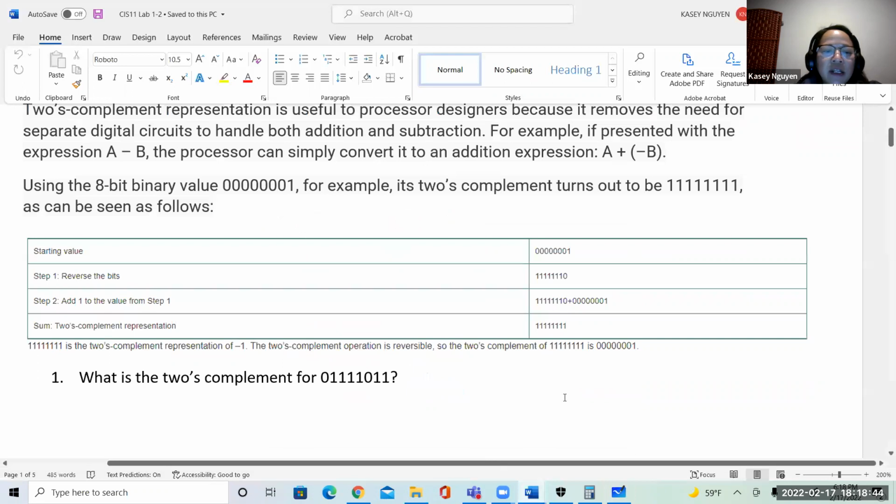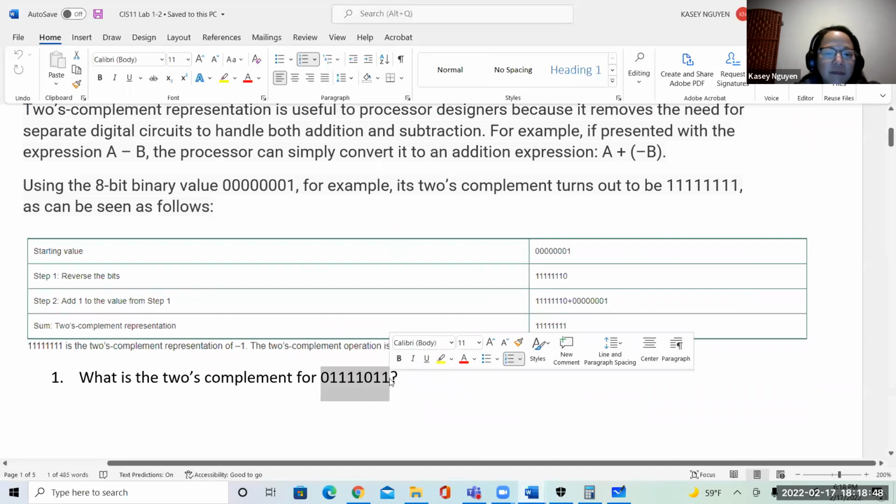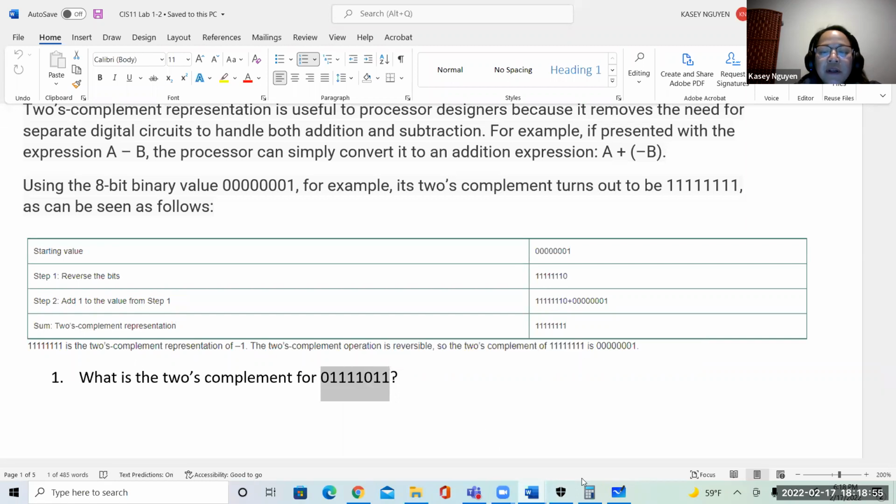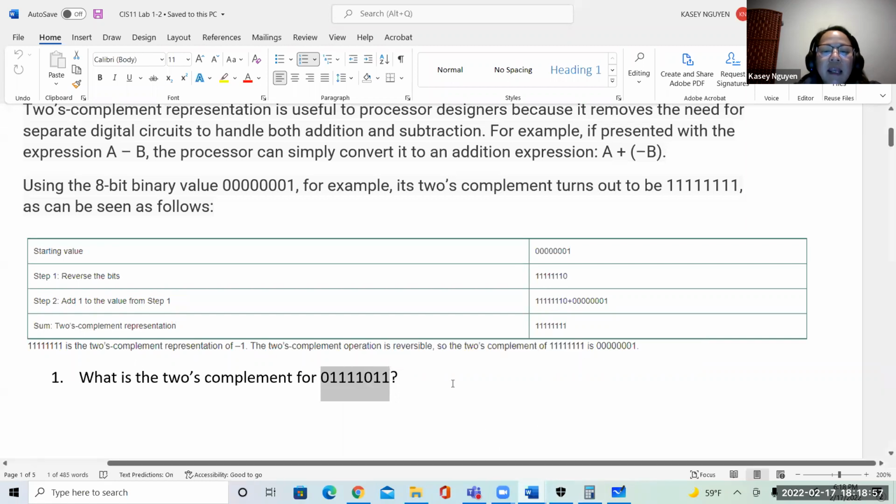So your question is that we are going to take the string, take this binary value, and apply the 2's complement. Yes, you can convert it into decimal, but we can simply start with the binary.